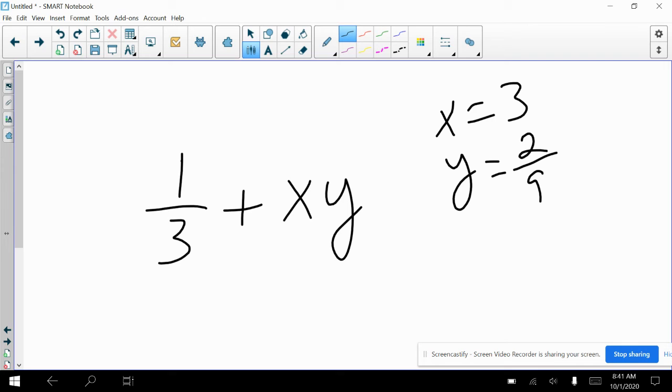That is 1/3 plus xy, where x is equal to 3, y is equal to 2/9.